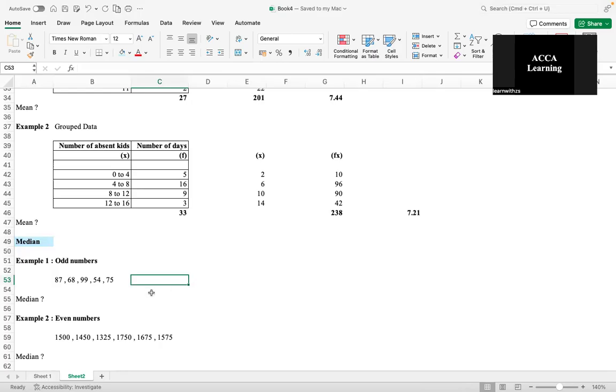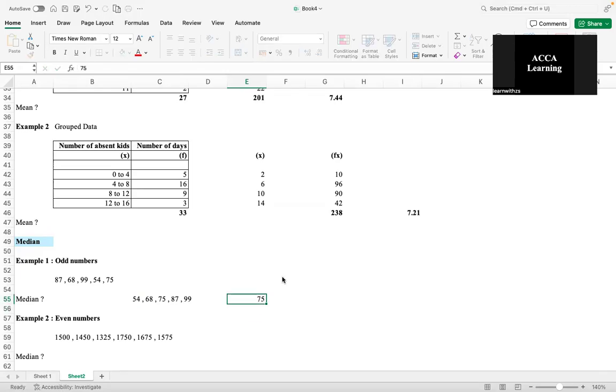So first would be 54, then 68, then 75, then 87, and then 99. Now what is your median? Your mid value, that is 75.